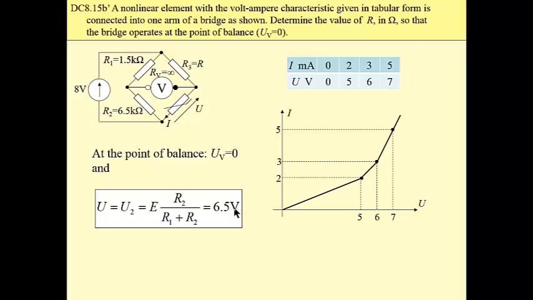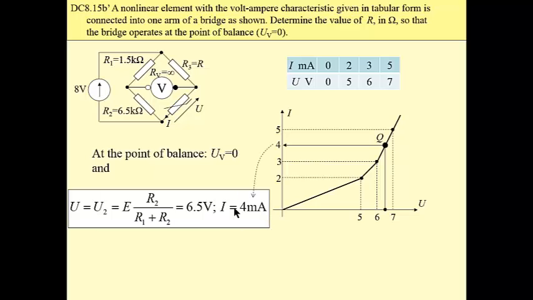Then from the element characteristic we may read that for 6.5 volts, which is here, Q point, the current is 4 milliamps. So we know the current that flows through this nonlinear resistor. Obviously it is the same current as flows through the resistor that we are trying to identify.